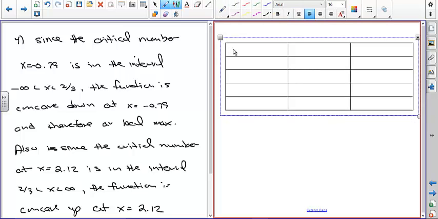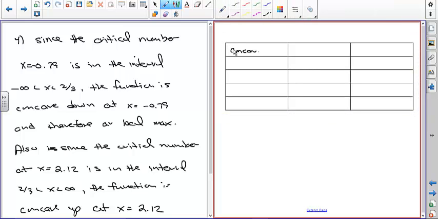So we'll say concavity of the x versus time curve, the sign of the velocity, and some comment.